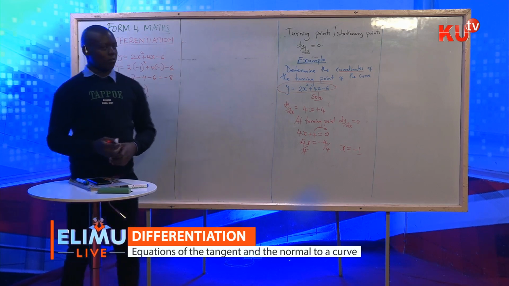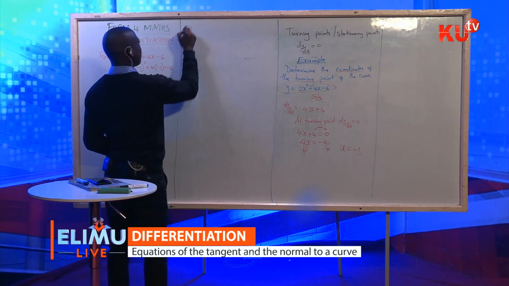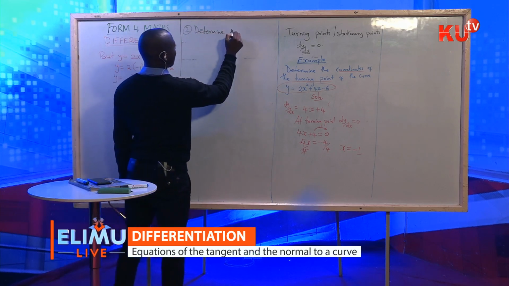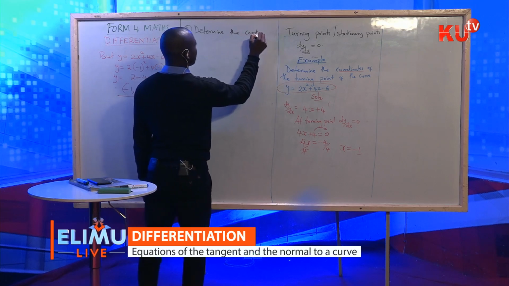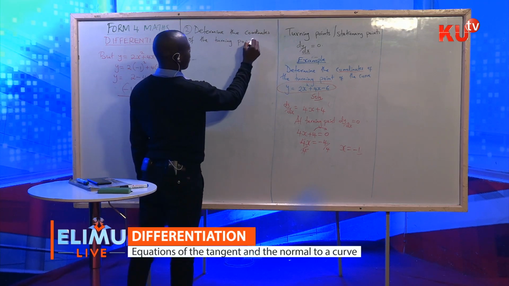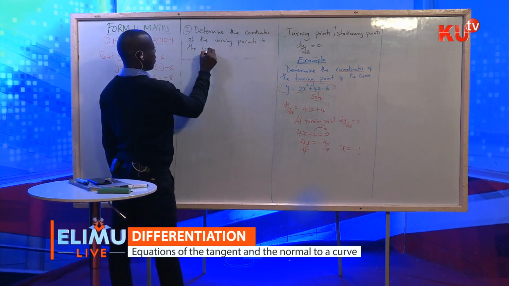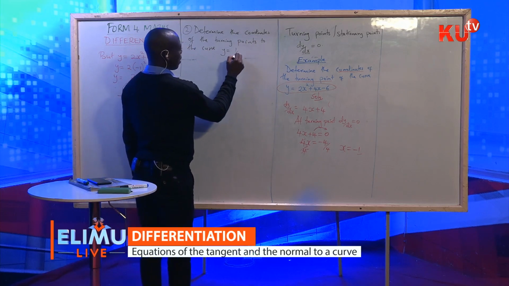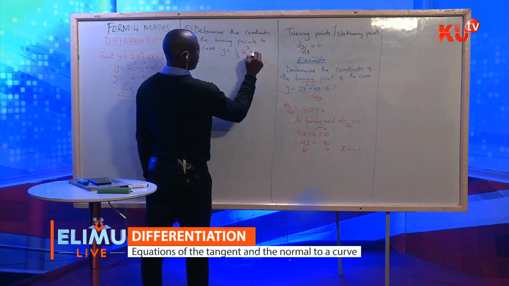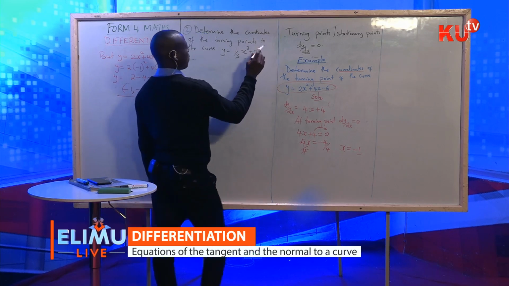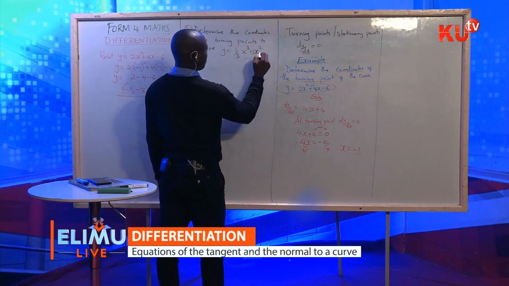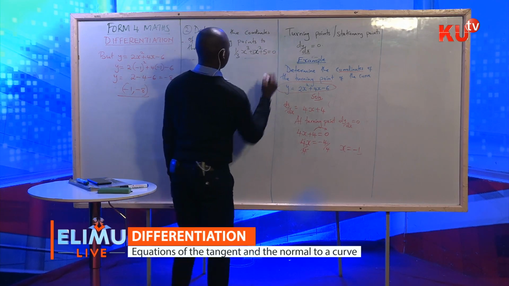So we can look at other examples. Number two, determine the coordinates of the turning point to the curve y is equals to 1/3 x cubed plus 3x squared plus 5.